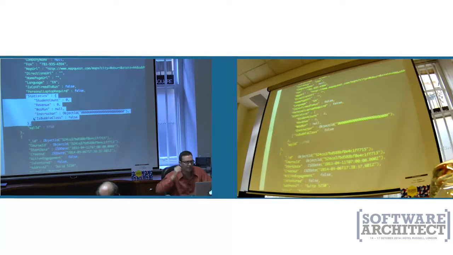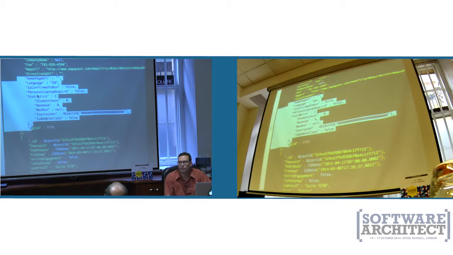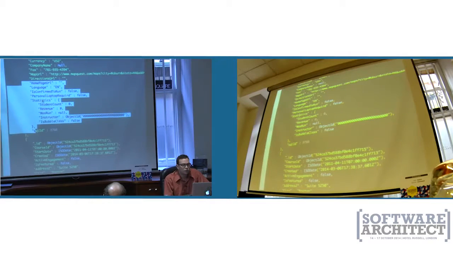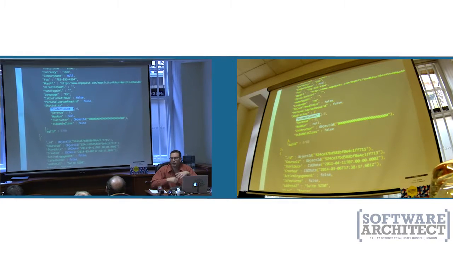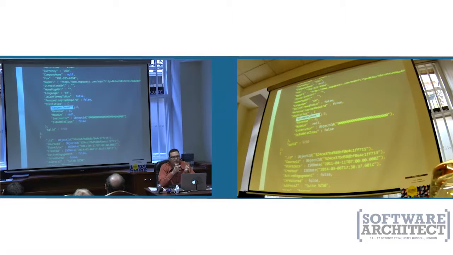If this were a JSON blob in SQL Server, could you create an index on the student count, which is contained within the statistics, which is an array of items within that document? No, right? But here, you can do all sorts of cool stuff like that. I can create an index, so I can do a high-performance indexed query.